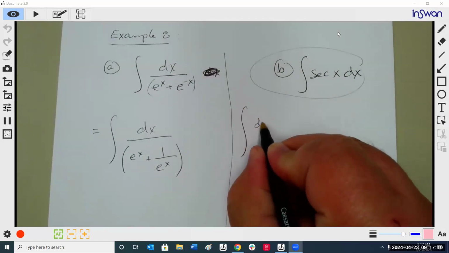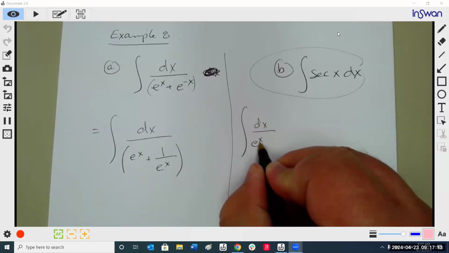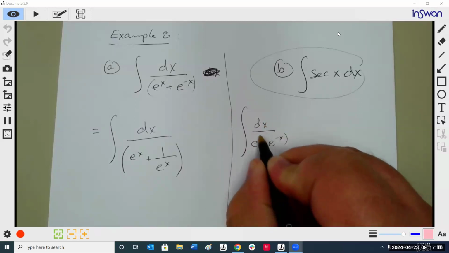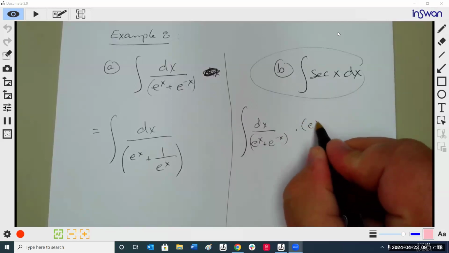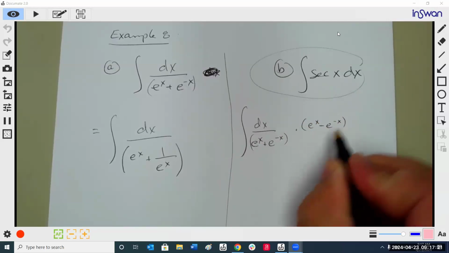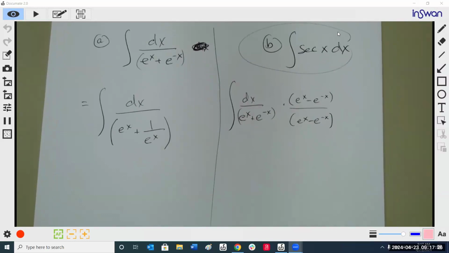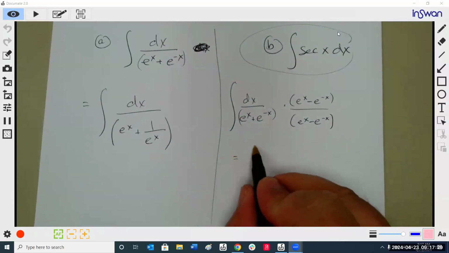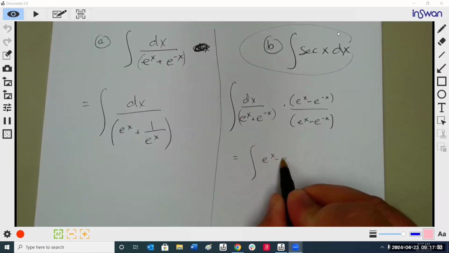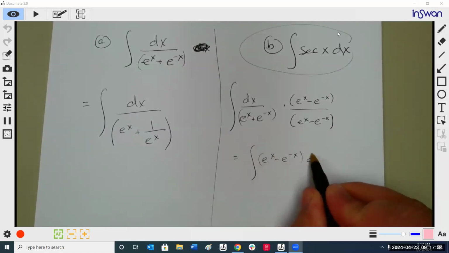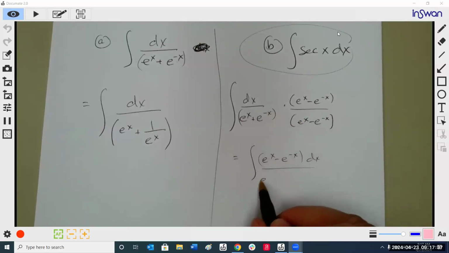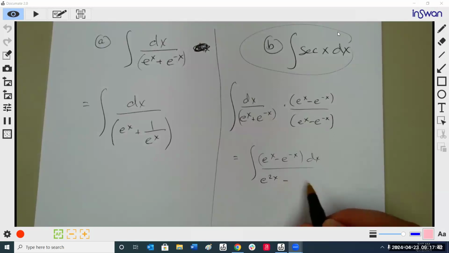So if we multiplied both top and bottom by the conjugate, e^2x, those two cancel, minus e to the negative 2x.